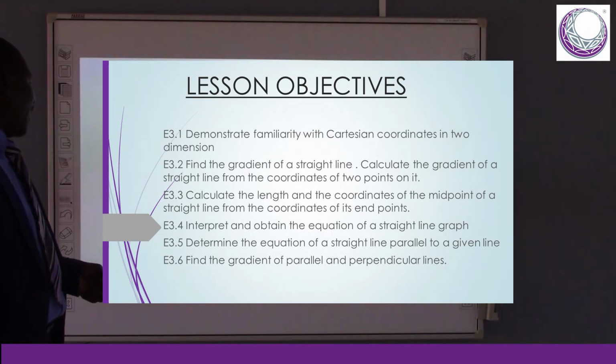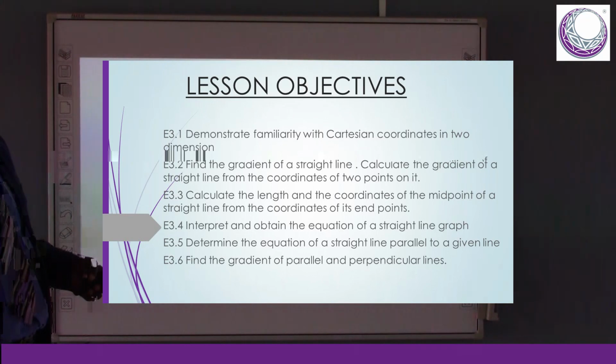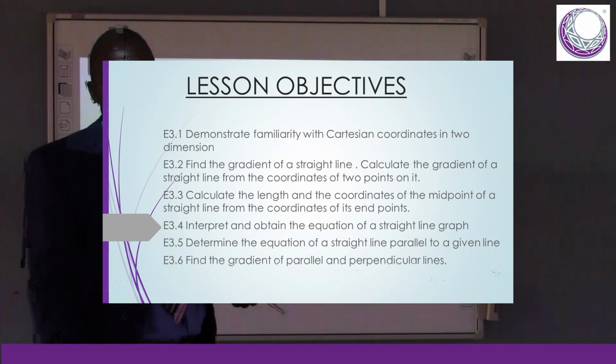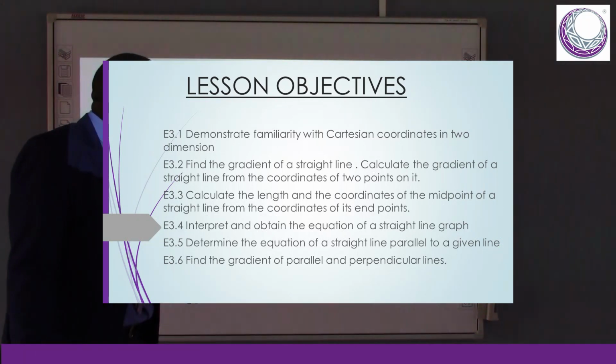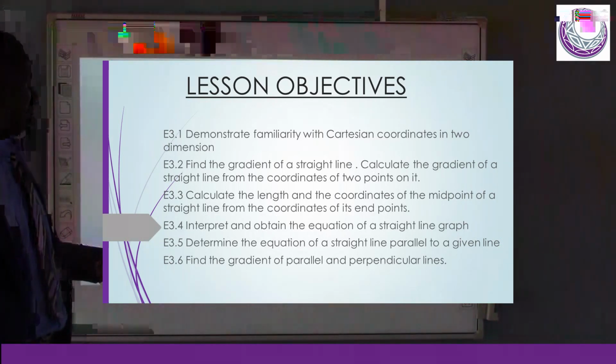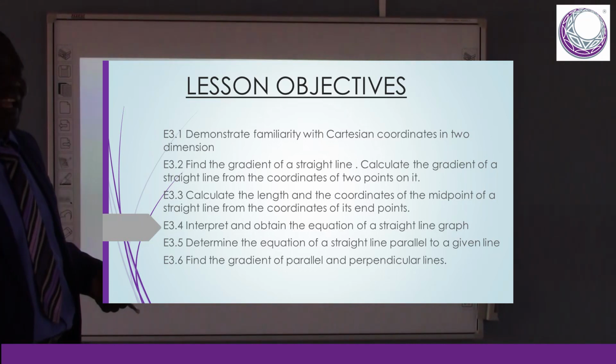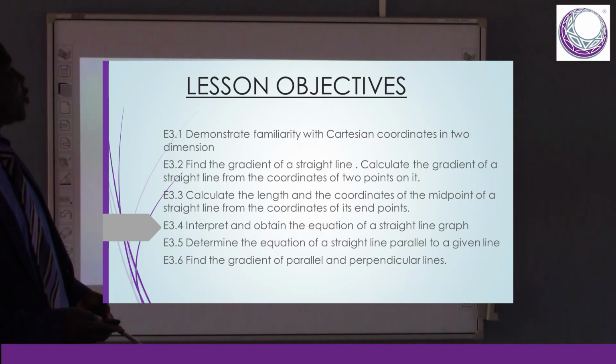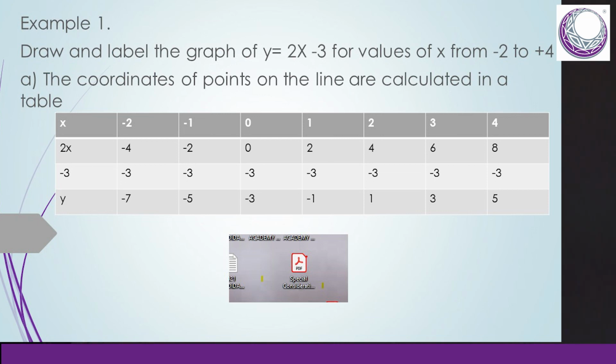E3.6: find the gradient of parallel and perpendicular lines. When we are given 2 lines which are perpendicular, we should be able to find their gradients, and hence also find the equations of those lines. So we move on to the next aspect.